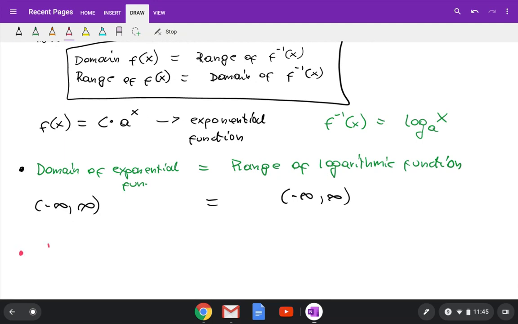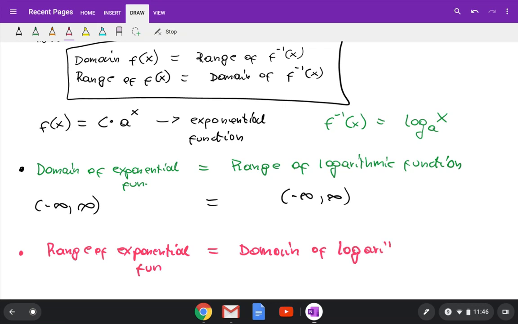Next, the range of the exponential function has to be the same as the domain of the logarithmic function.